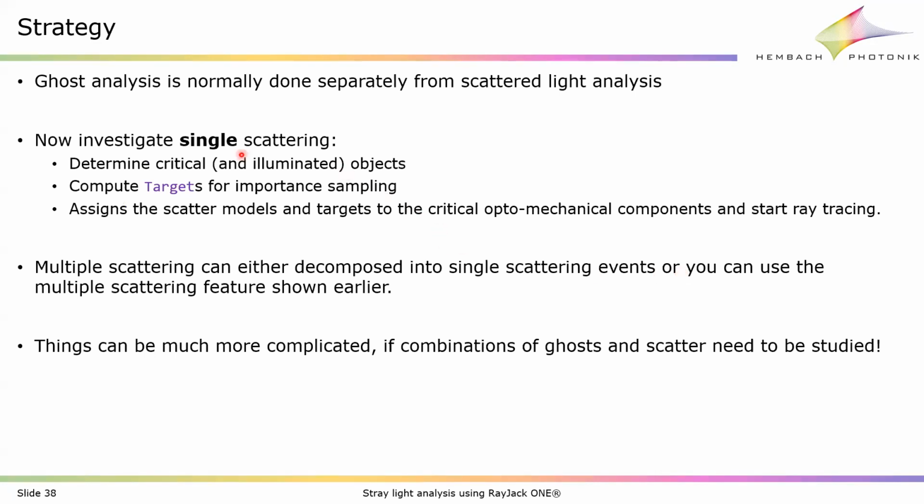Then we look at single scattering. We determine the critical and illuminated objects. The critical ones are the more important ones. Then we compute the targets for importance sampling using this automatic tool. Then we have to assign scatter models and targets to the components and start ray tracing.